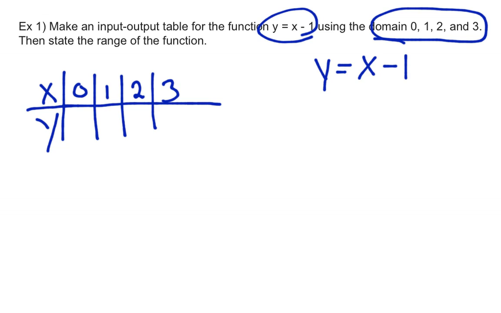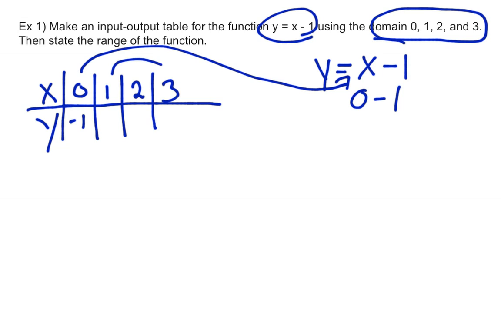What we have to do then is now, one at a time, put those into our function, y equals x minus 1, solve it, and figure out what y's go with these x's. So if I start here with the 0 and put it in here, this becomes 0 minus 1, which is negative 1. So when x is 0, my answer for y is negative 1. And I just have to do this one at a time. So now I have to move on and put the 1 in there.